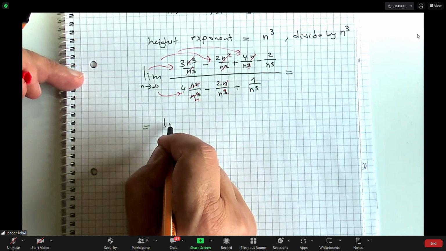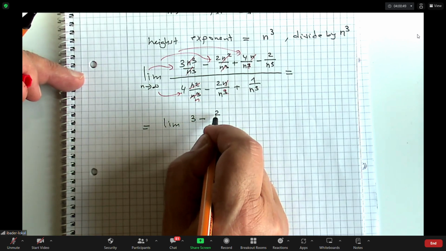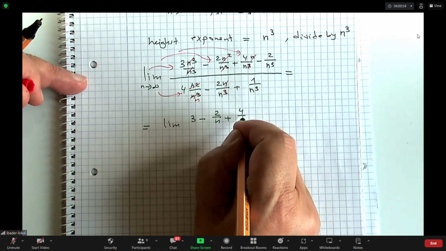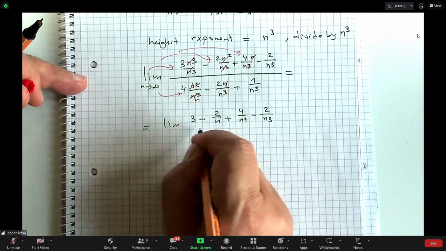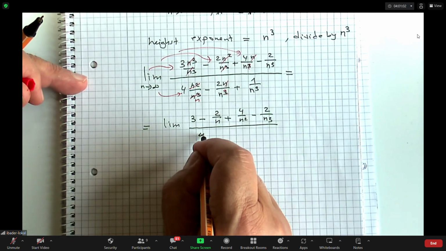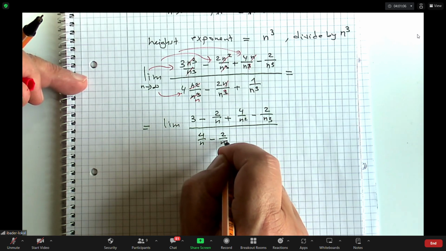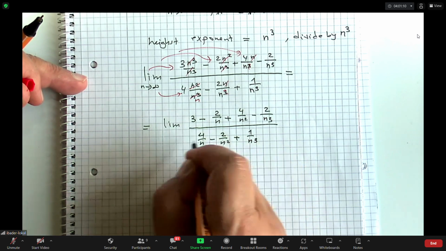This is equal to the limit of 3 minus 2 over n plus 4 over n squared minus 2 over n cubed, over 4 over n minus 2 over n squared plus 1 over n cubed.